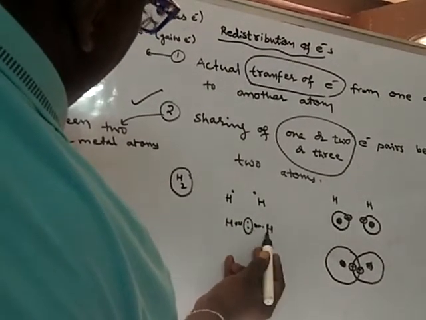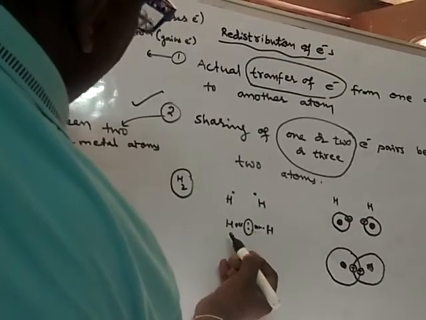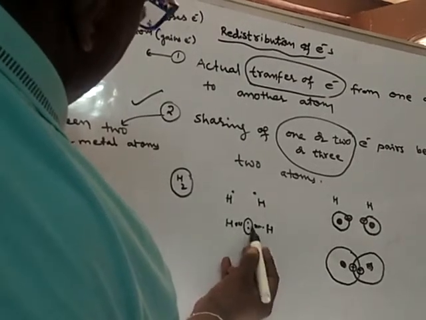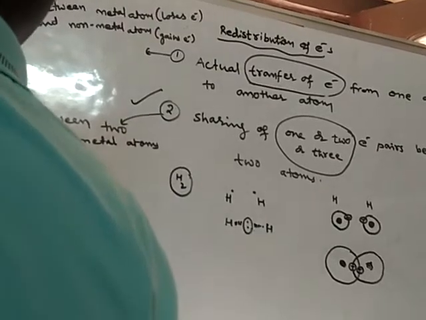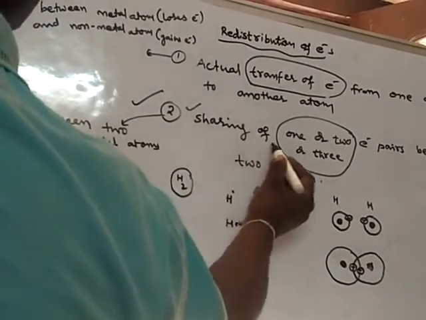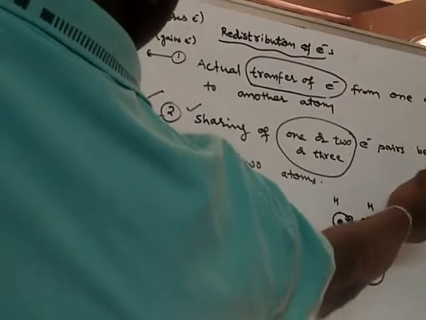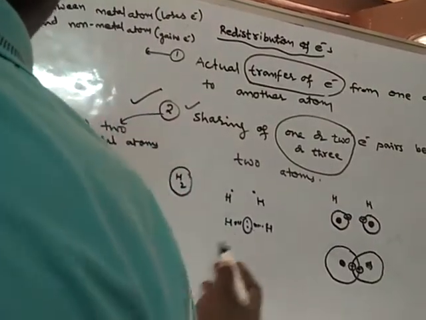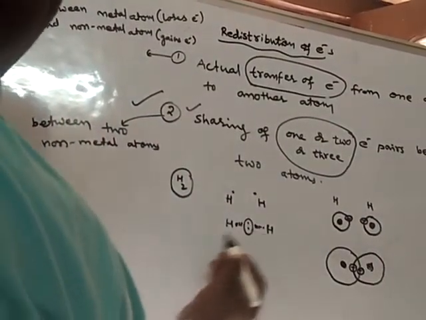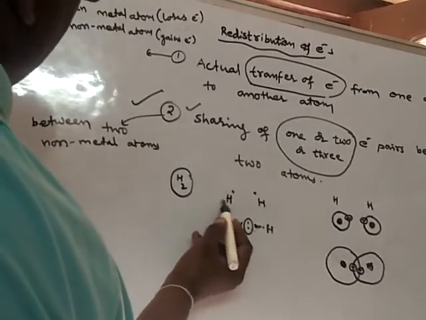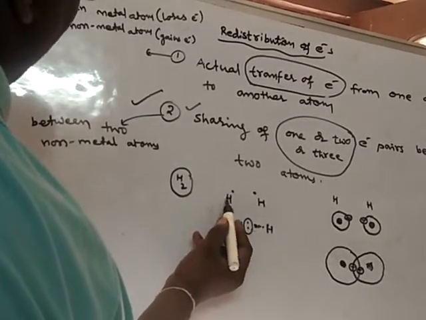Now these two hydrogen atoms are sharing this electron pair. One electron pair is shared by both the atoms, that means sharing of one electron pair between two atoms. Before that, this hydrogen had only one electron in its valence shell.